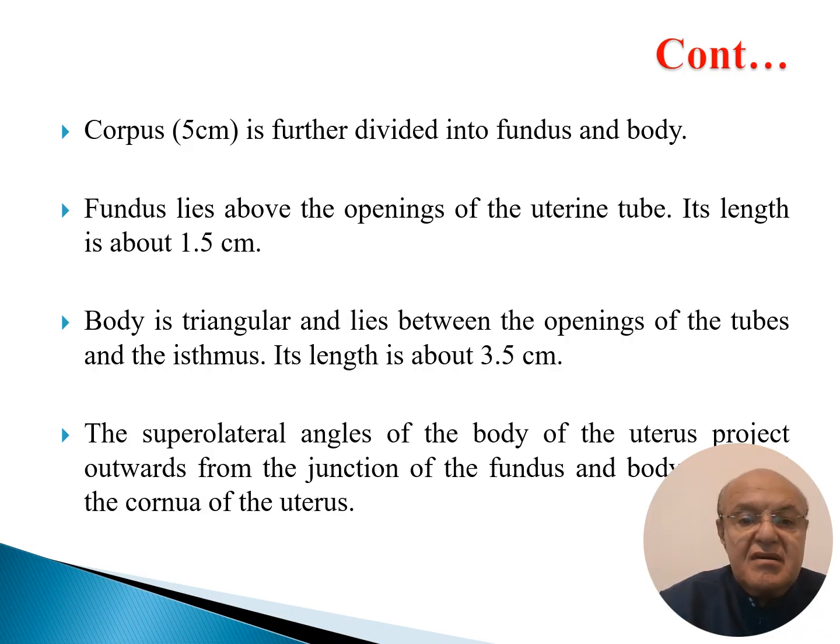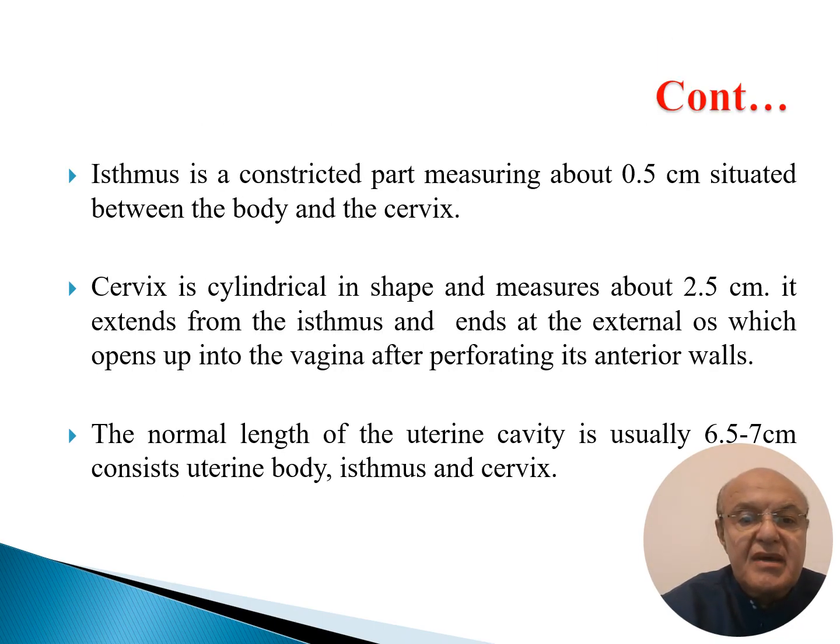This is the uterus, its fundus, body, and cervix. There is a part called the isthmus, a constricted part measuring about 0.5 centimeters situated between the body and the cervix of the uterus.